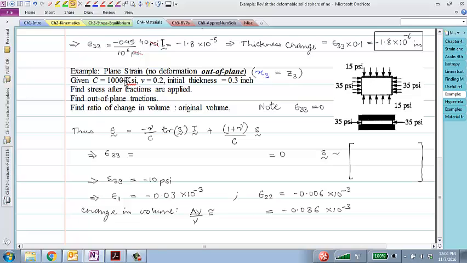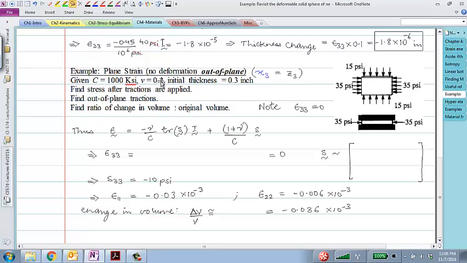If I construct a big concrete dam in between two mountains and look at the cross section of that dam, there's a lot of material to the left and to the right of that cross section, which is going to be extremely hard to move. So that cross section would not have any movement in the 3-3 direction. That's an example of a plane strain problem.